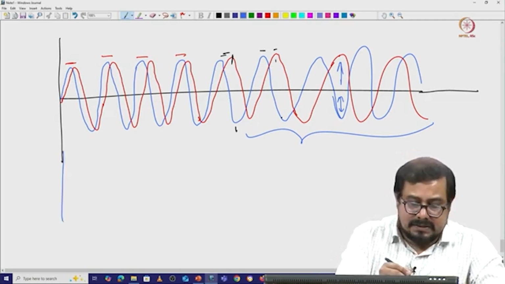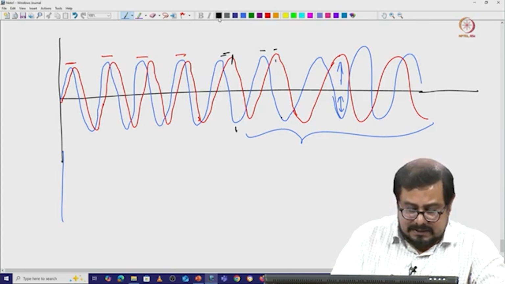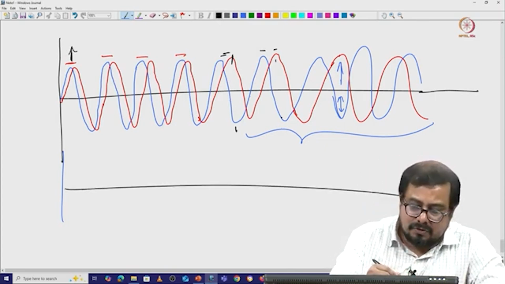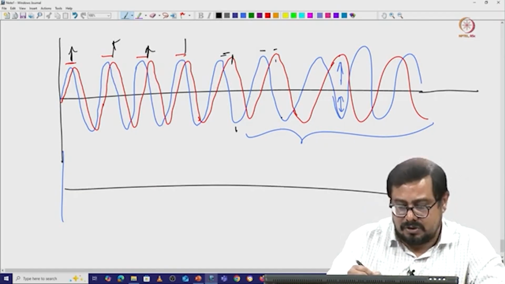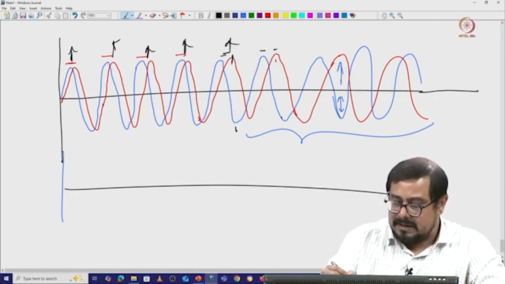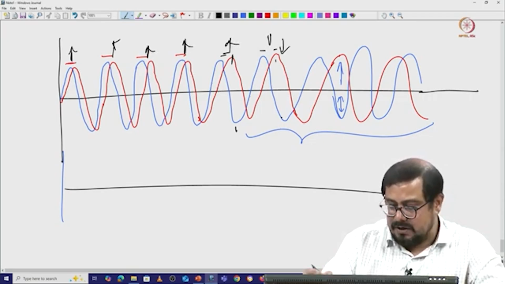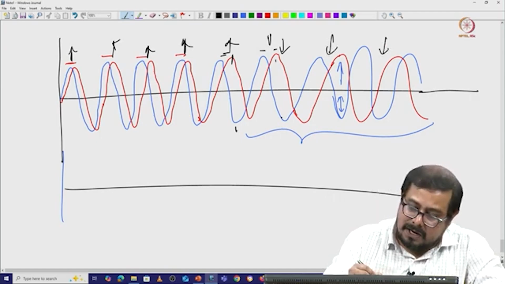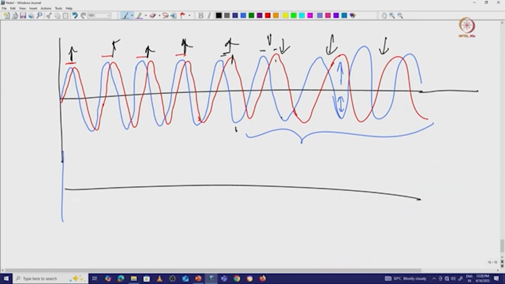So, if we look at this wave, what will happen? Here it will boost the amplitude, here it will boost the amplitude, here it will boost the amplitude. And gradually you can see there is a change in the amplitude, and the amplitude will go down, it will not go up anymore.